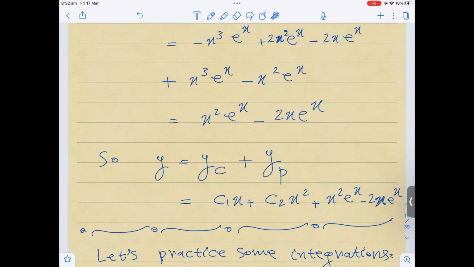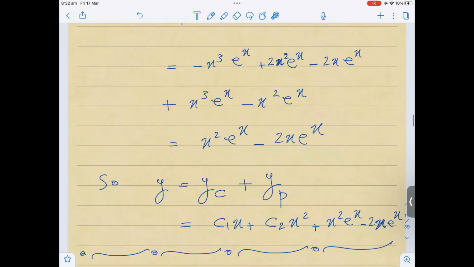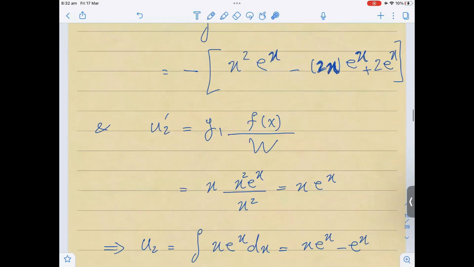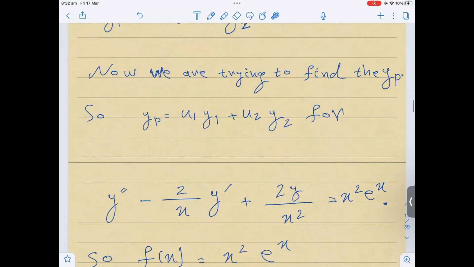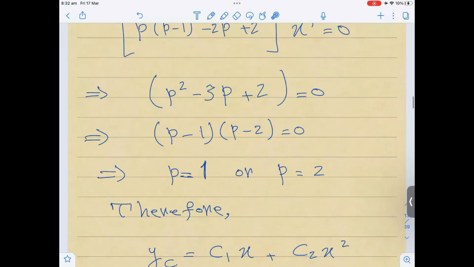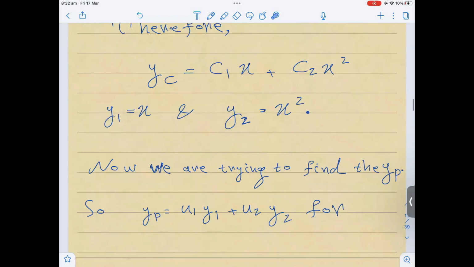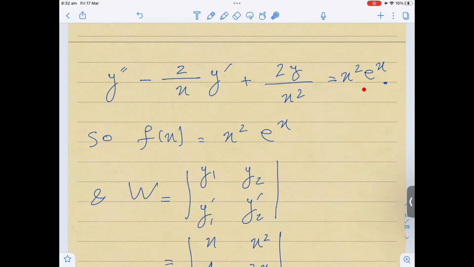Now, in the classic method, if I had x squared times e to the x, I would use yp equal to a x squared plus b x plus c, times e to the x.